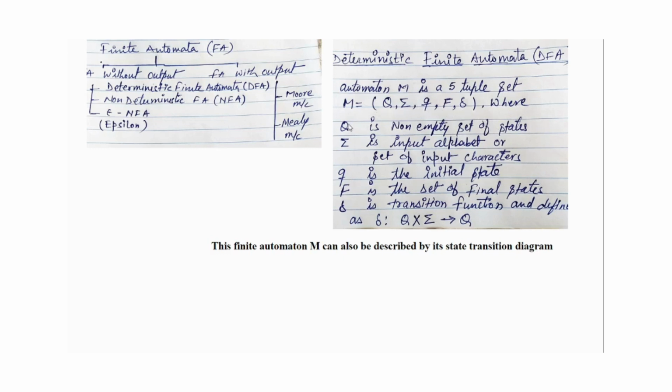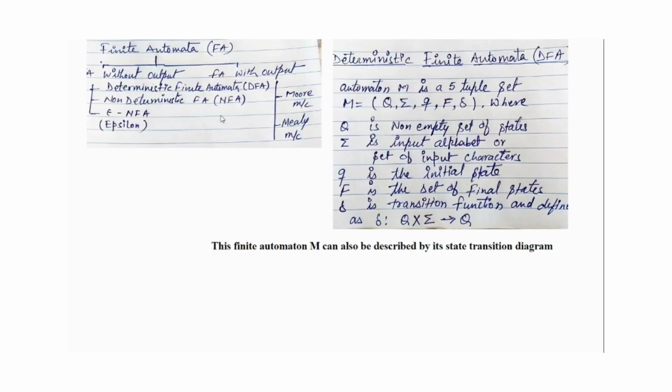Where Q, the first set, is a non-empty set of states. Every automaton will have some states, like these, which are in the circles. So Q is a non-empty set of states.